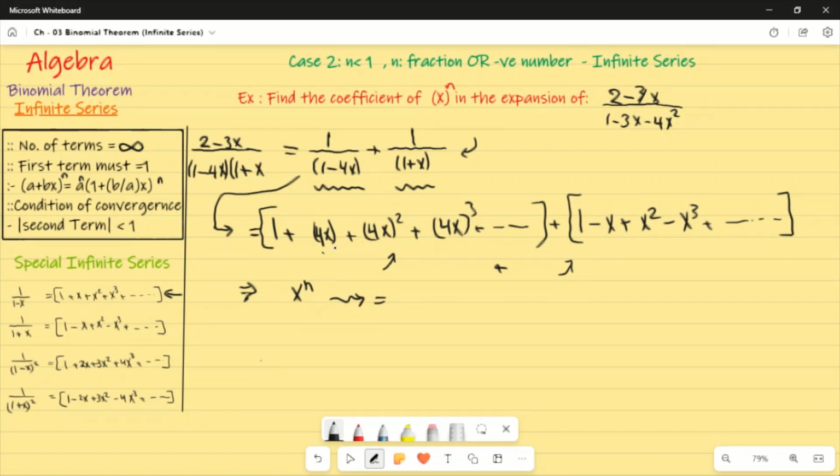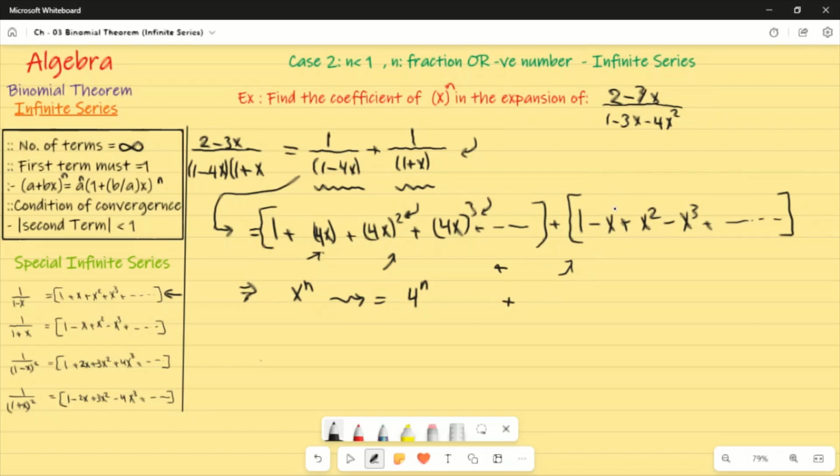So let's start from here. Just first look at the sign. Here we have all positive signs. So let's move to the number here. If we look here, the number is related to the power n of every term, and the base is 4. So from here, we find the coefficient of x power n is 4 power n. And from here, plus, let's look first at the sign.